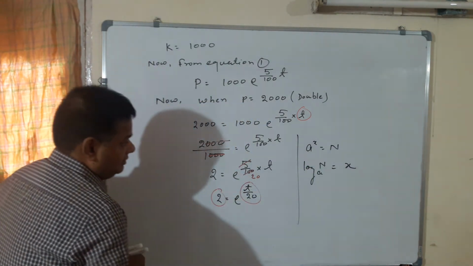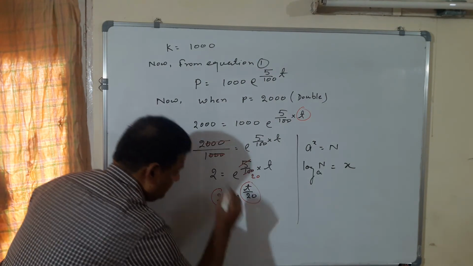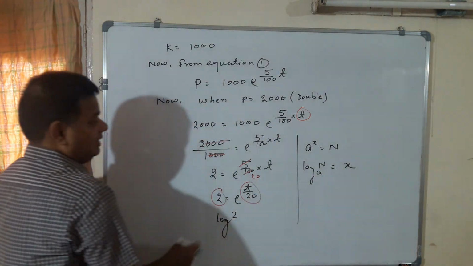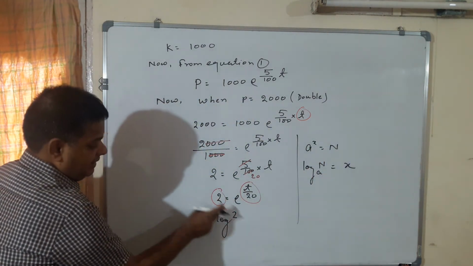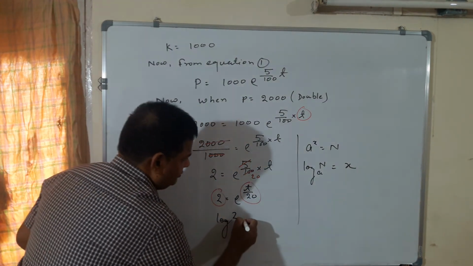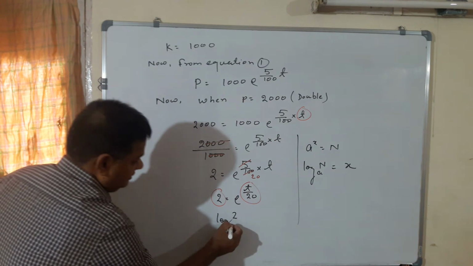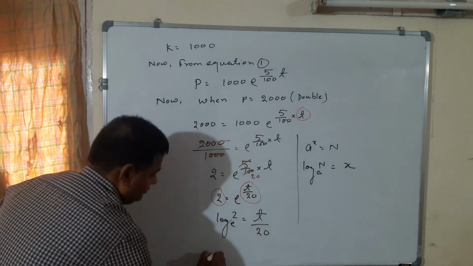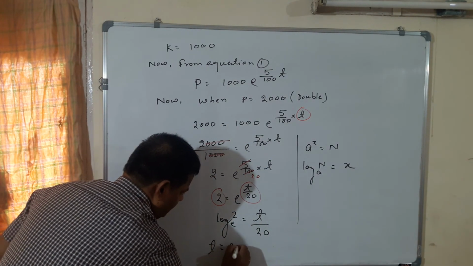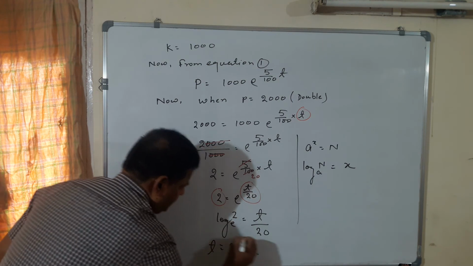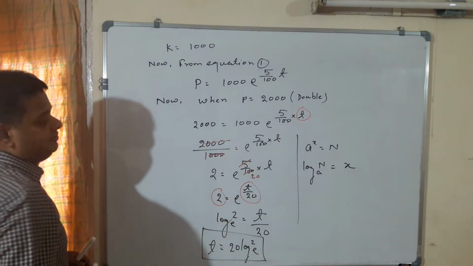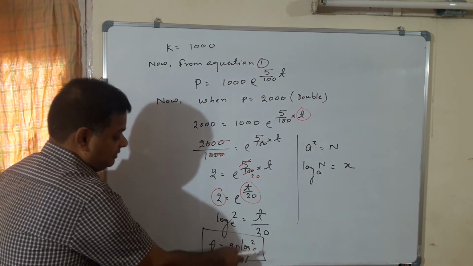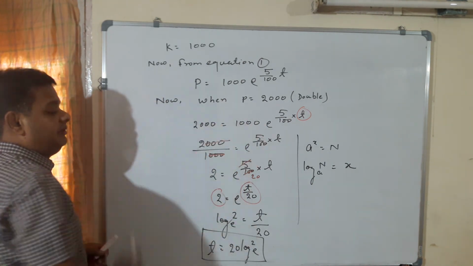So it becomes log n, n is your 2, with base e, equal to t by 20, this is your x. So t is equal to 20 log 2 to the base e. This is your timing, the final answer. When time t is equal to 20 log 2 base e, then the principal will become double.